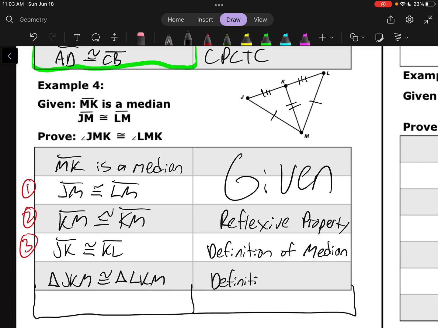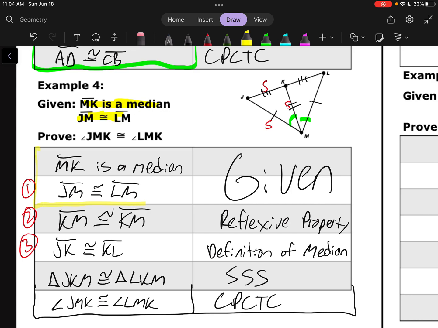Because, oh no, not definition. I've gone insane. It's because we have a side, and a side. Okay, and now that those triangles are officially congruent, now we can say angle JMK is congruent to angle LMK because of CPCTC.